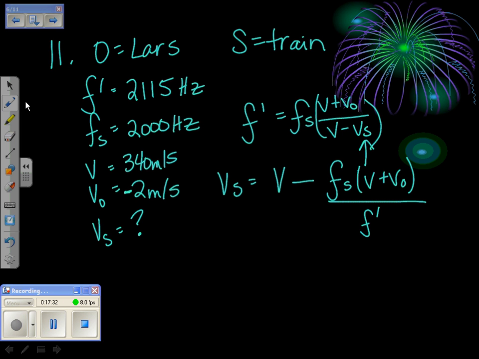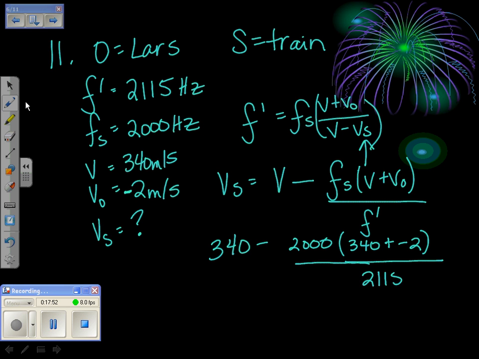So we have 340 minus 2000 times 340 plus a negative 2, divided by the whole thing by my 2115.